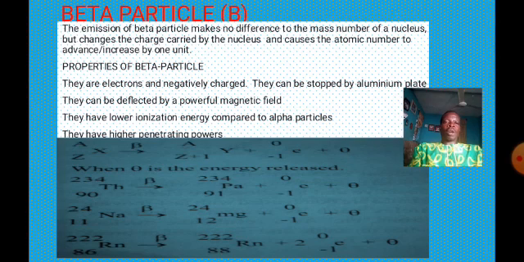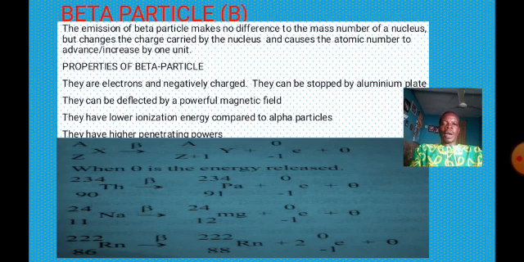And protactinium is having atomic number 91, mass number 234. If you now add this and that of electron with -1, you are going to get the atomic number of original element, which is thorium, 90.